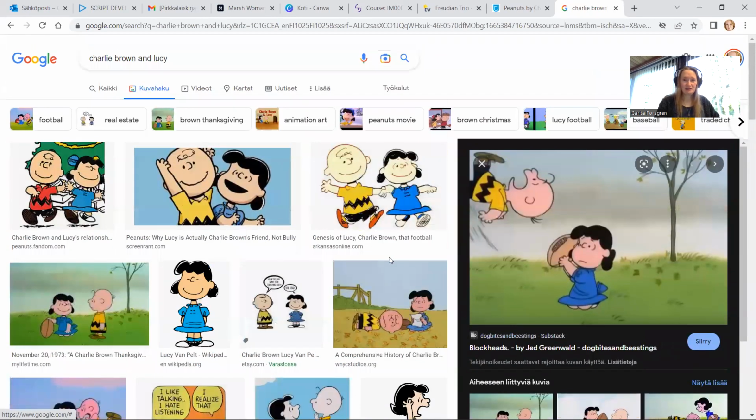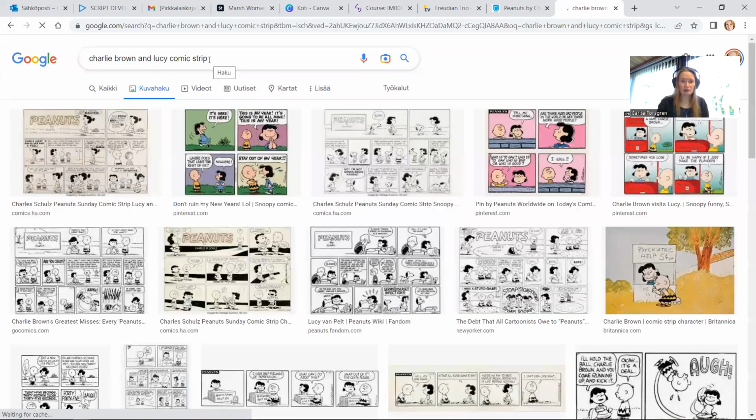Okay. So there are these dynamic triangles in the Peanuts, and I think because the triangles are so dynamic, that's why the series was able to hold for so long, for almost 50 years.